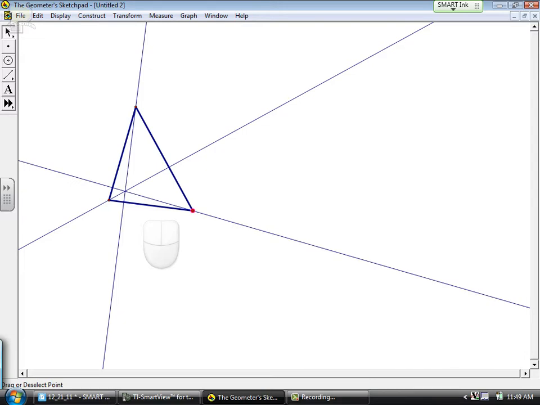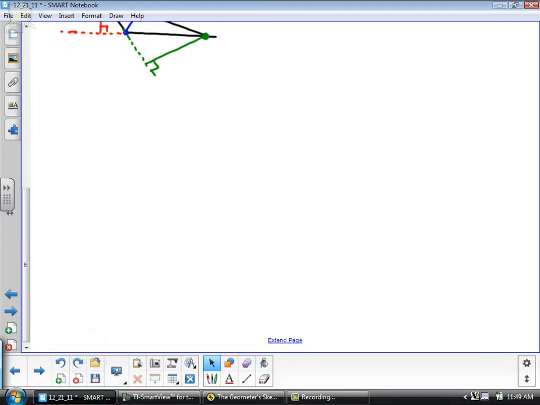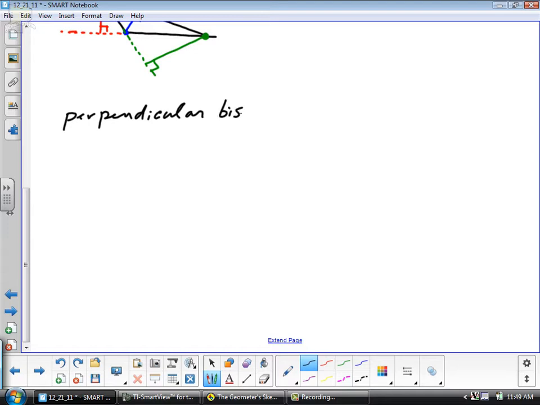Now, our next line segment, we have perpendicular bisectors. Now, we've talked about perpendicular bisectors before.